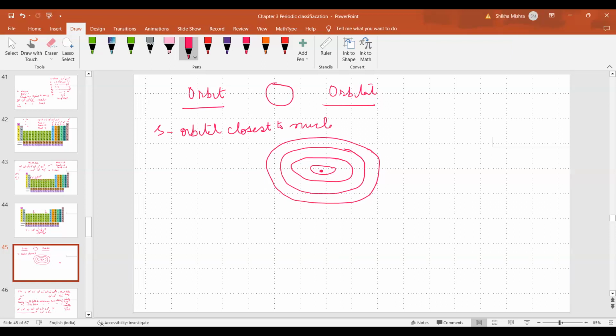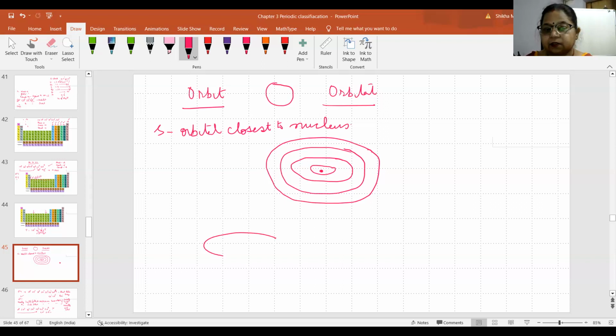Yes, ma'am. Okay. So if I draw one orbit separately, let's say this one is my fourth orbit. So where will be the orbitals? This will be the 4s orbital, area of 4s.